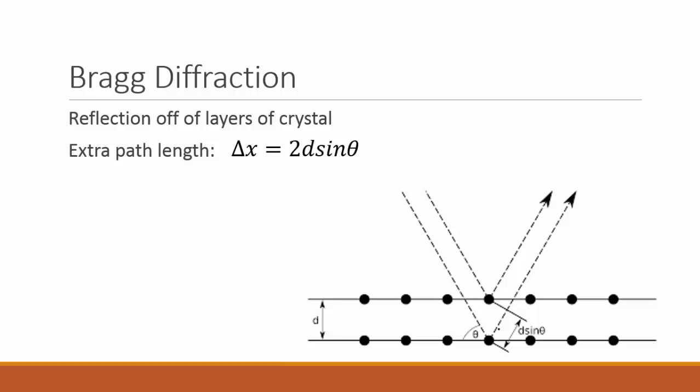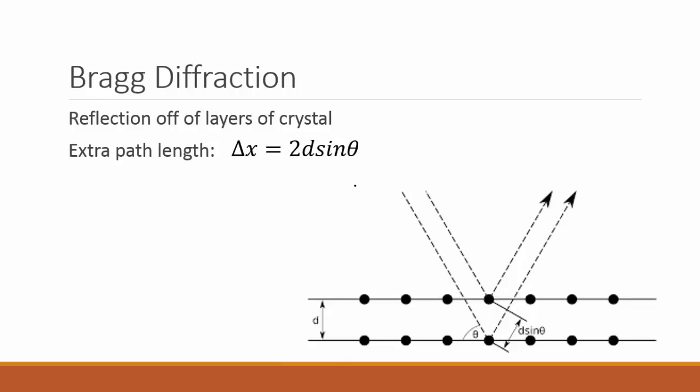If it is a very steep angle, it's 90 degrees. If it comes straight down, it's 90 degrees. And therefore, it would just have to go twice the distance of the space of the atoms, as it either reflects off the top versus going all the way to the bottom, reflecting off and coming to the top. That leaves an extra amount equal to 2d.